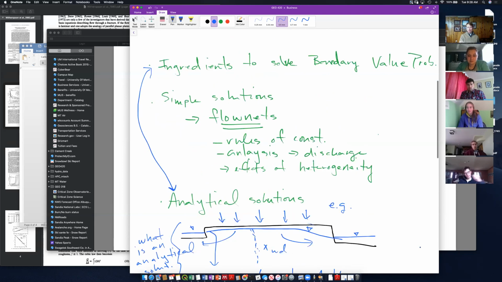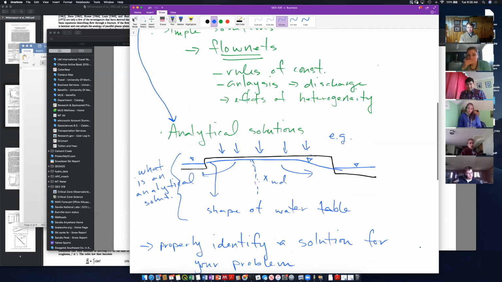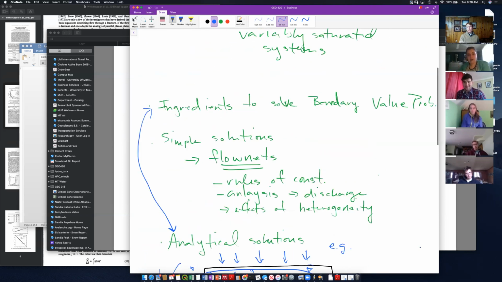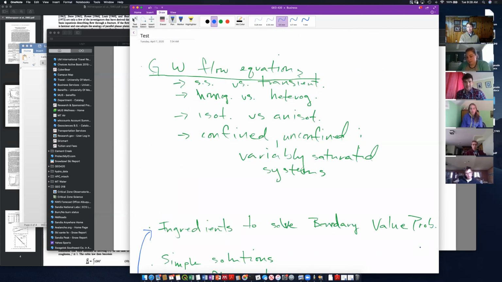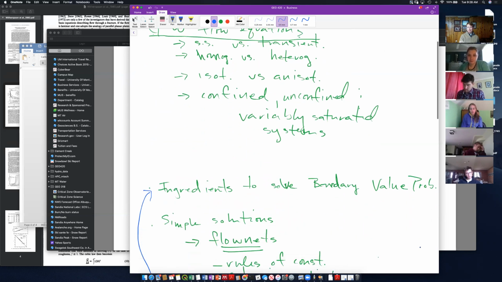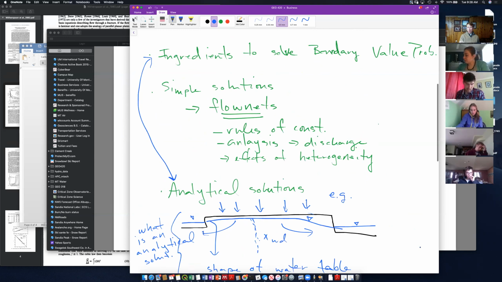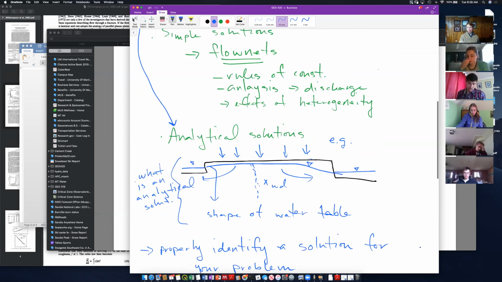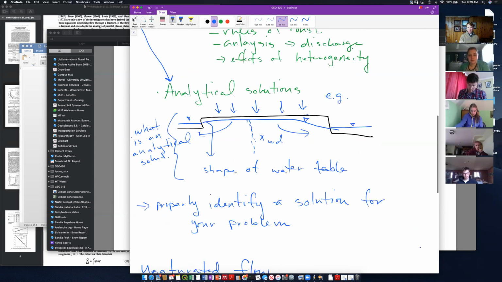And the big four topics would be the groundwater flow equations, how we solve boundary value problems, flow nets, and unsaturated flow.